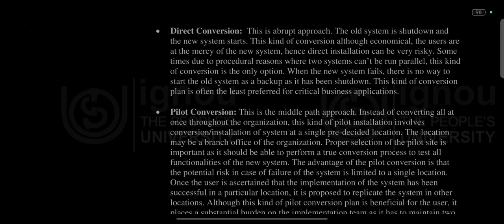Hence, a direct installation can be very risky, though sometimes, due to procedural reasons where two systems cannot be run in parallel, this kind of conversion is the only option. When the new system fails, there is no way to start the old system as a backup, as it has been shut down. This kind of conversion plan is often the least preferred for critical business applications.